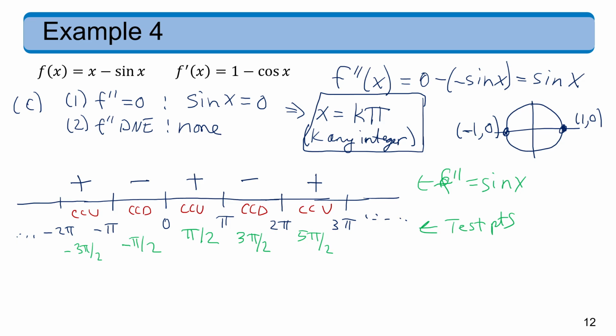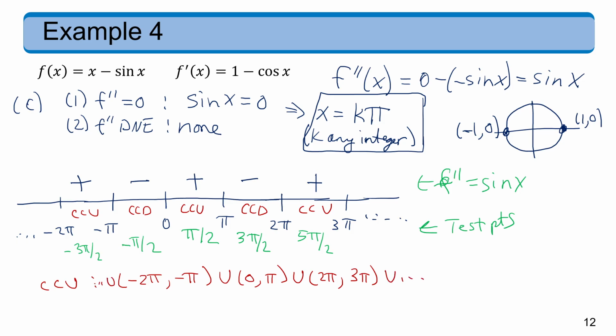Okay, so our conclusion about concavity. Concave up on, let's see, starting on the left, the interval negative 2 pi to negative pi. The next one was 0 to pi. The next one was 2 pi to 3 pi. And it will continue forever, and it will continue forever to the left also. So that's just a few of the pattern of the intervals.